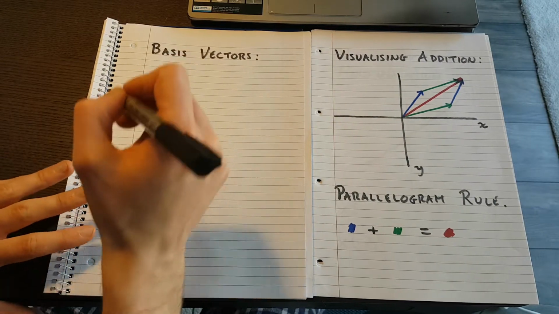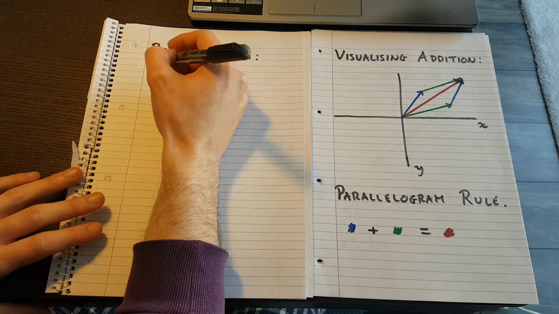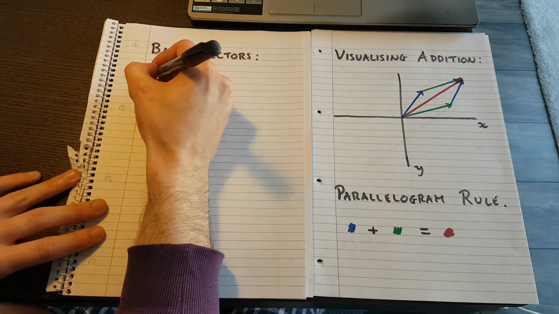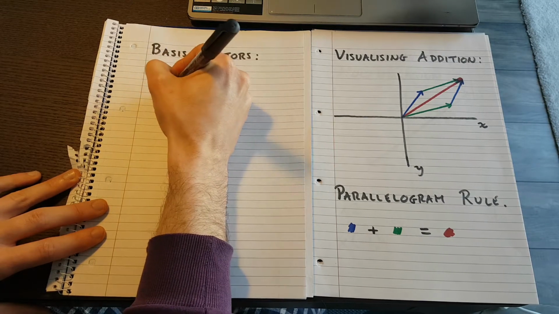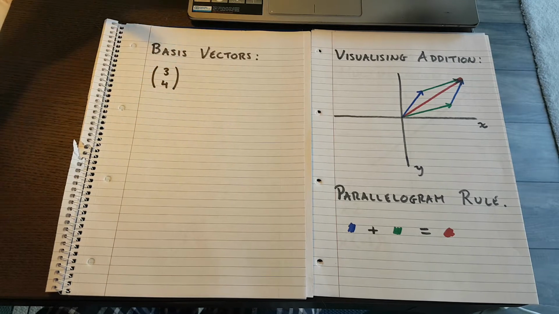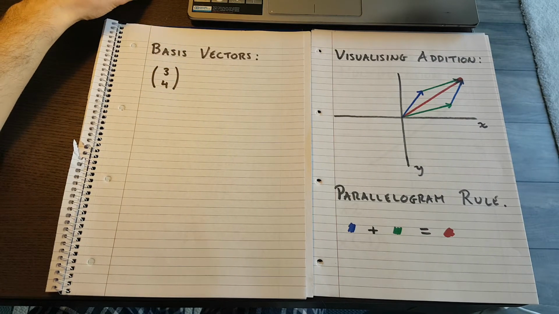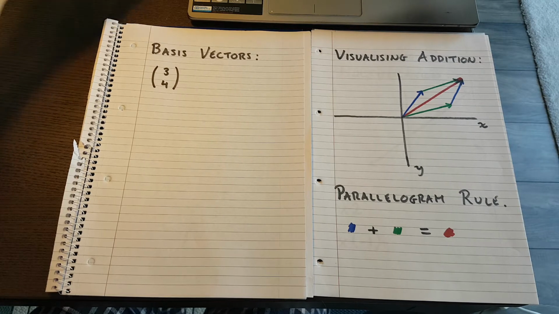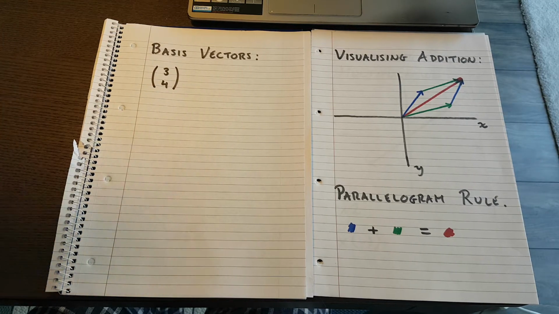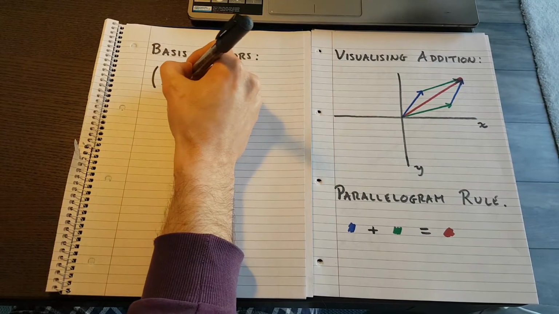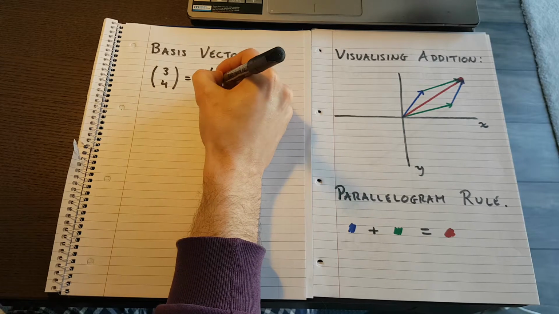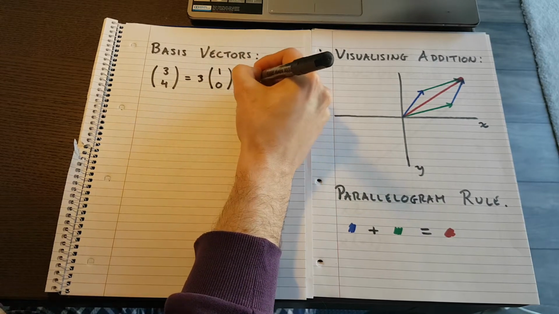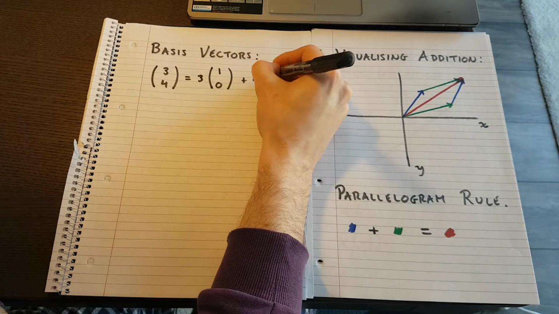Okay, so we saw that if I have a simple vector, let's say 3 and 4, this vector can have scalar multiplications and additions. One of the ways I'm allowed to represent this vector is as 3 times the vector 1, 0, plus 4 times the vector 0, 1.